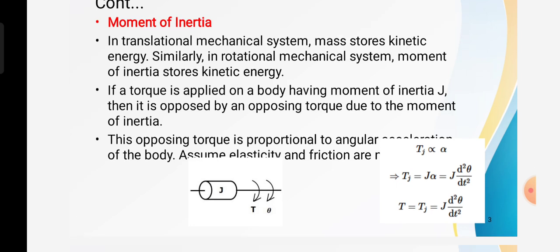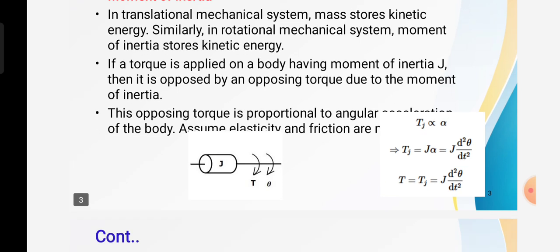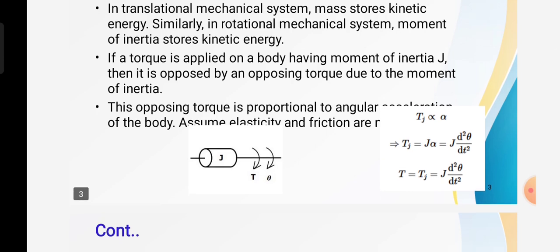Here T is the applied torque and Tj is the opposing torque due to the moment of inertia of the body. The opposing torque Tj is proportional to angular acceleration alpha. So Tj is equal to J alpha, which is equal to J d square theta by dt square.